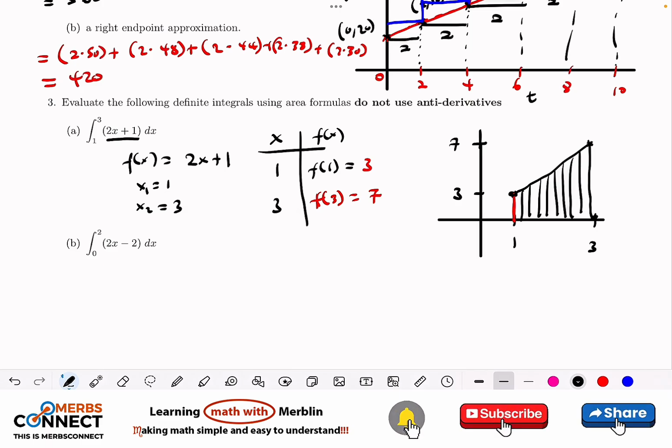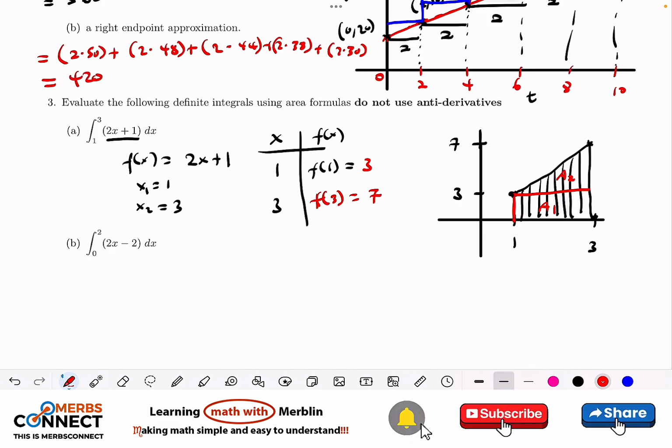Now, if you don't know this shape, then what you need to do is try to divide it. Good. So I can divide this shape into 2, so that I'm going to have area 1 and area 2. I can see that area 2 is like a right angle triangle, but the bottom, I don't know whether it's a square or triangle.